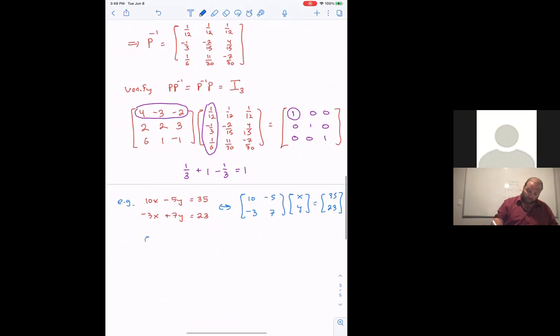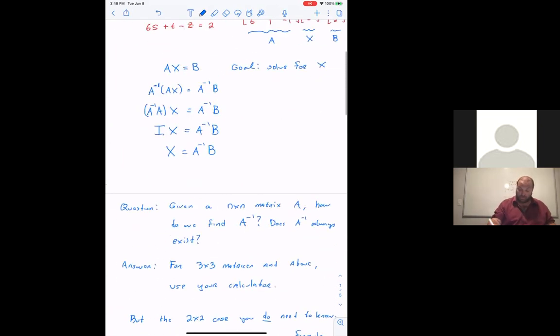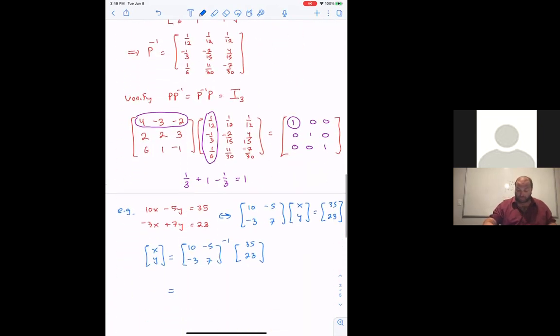And therefore, x, y is equal to the inverse of 10, -5, -3, 7 times 35, 23. X equals A inverse B. That's the big one. Just take the inverse of your coefficient matrix times B, and you should have the answer.